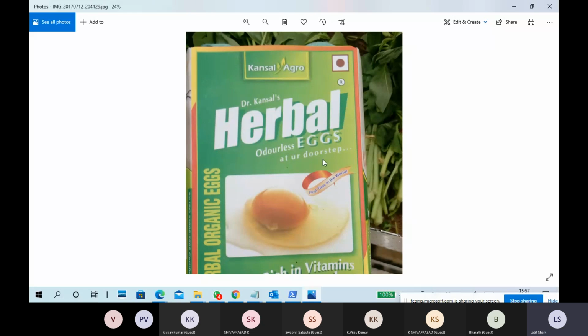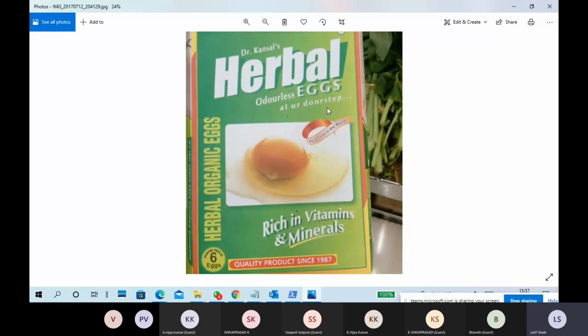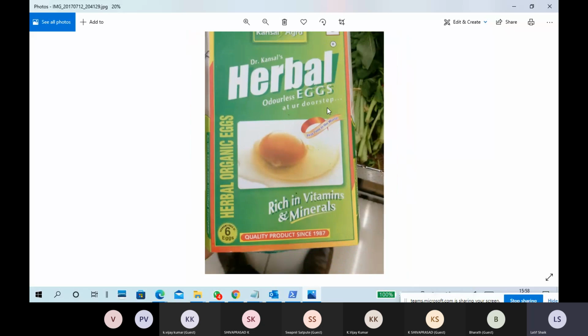So obviously people's mindset is that we are all consuming chemicals. We are eating rice, roti, everything is a chemical compound only, because of the huge amount of fertilizers and chemicals we are using. Then the crop is spoiled and we are eating only chemicals.